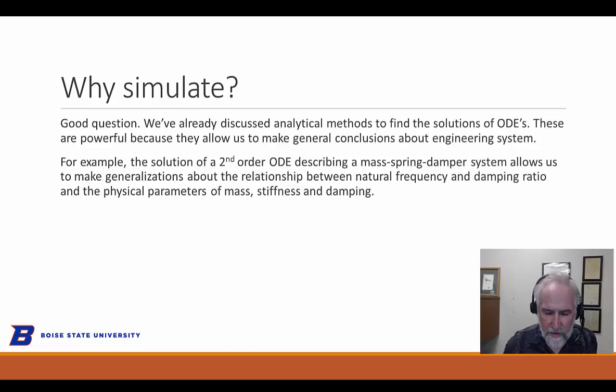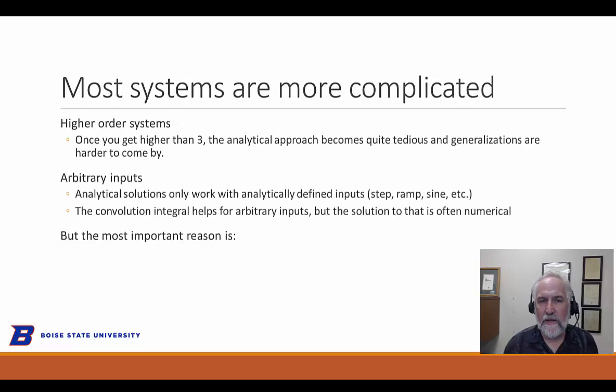So that's very powerful, but it's very limited because it only works for low order systems, right? You get up into the third order and higher, it's harder to make those generalizations. We don't have those kind of parameterizations available to us, and it's also harder to actually do the math on it. It can be pretty tedious. It can also be tedious to do it with anything other than the most basic inputs: impulse inputs, step inputs, sinusoidal inputs.